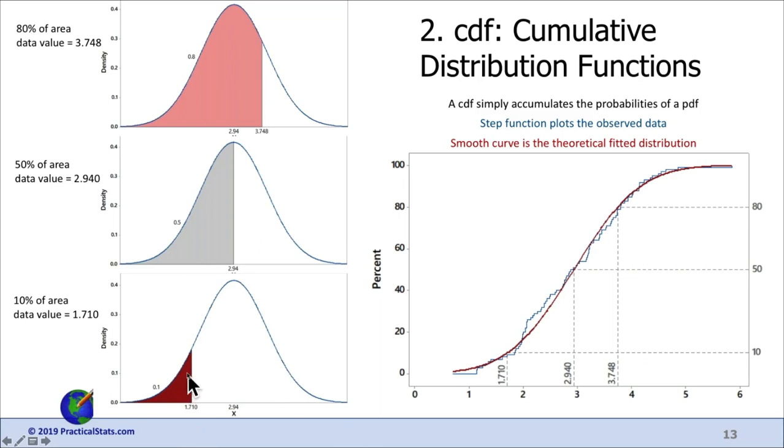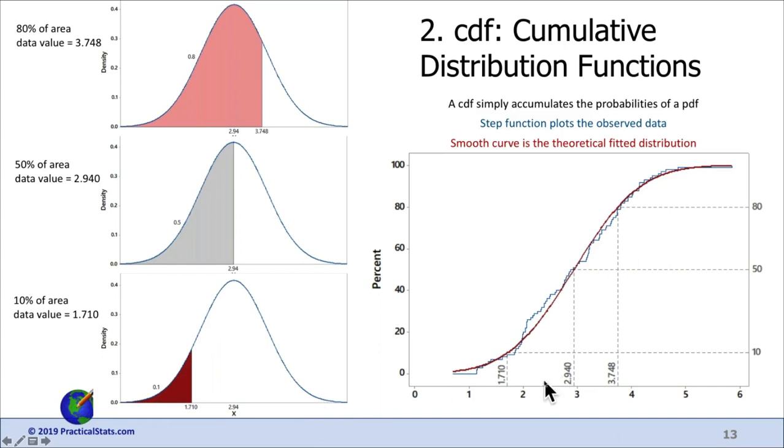And you can go in and say, I want the 10th percentile for this curve. So if I have 10% of my data below a value of 1.71, that's the area that's shown in the color right here. So I could take that and go over to a different kind of plot, one that accumulates these areas, called a cumulative distribution function.